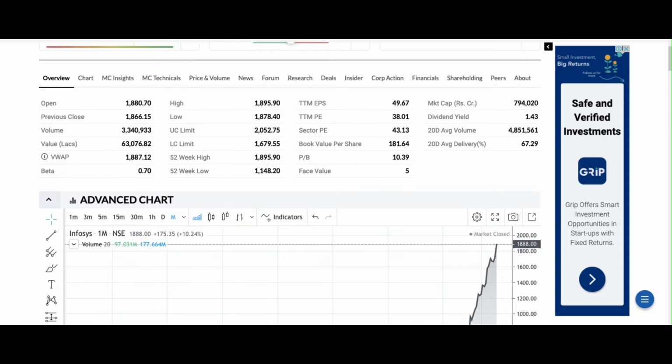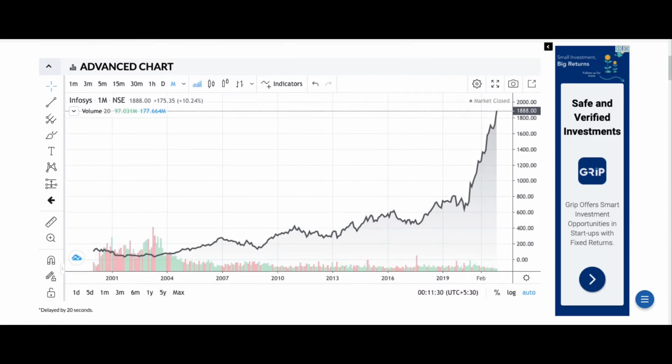Now next we'll have a look at the chart pattern. I have opened a 1 month chart pattern so that we can analyze the performance of the stock on a longer basis, on a long term basis. If you see, the company got listed somewhere in 2000, and since then it has been on the upward trend. The chart pattern is pretty much smooth.